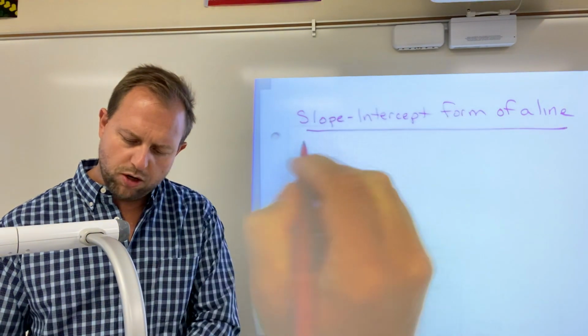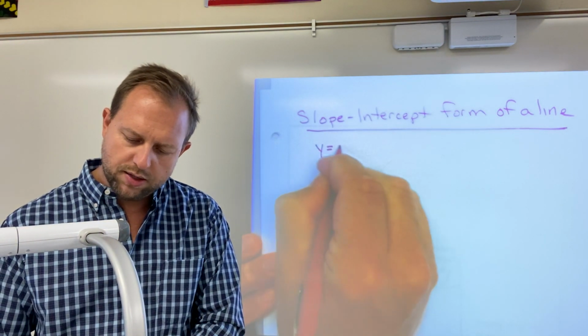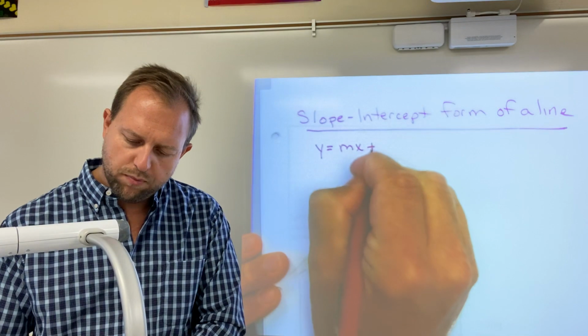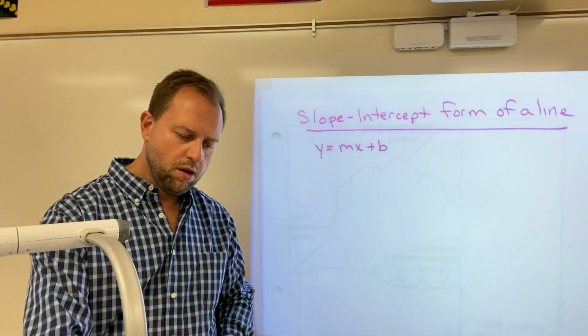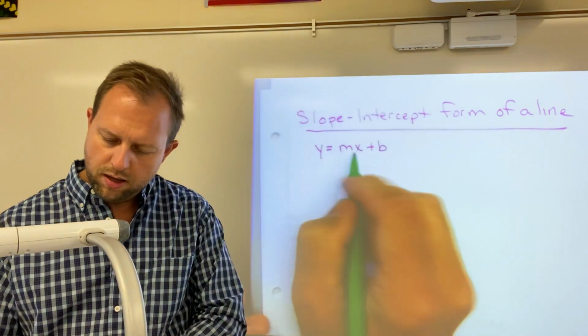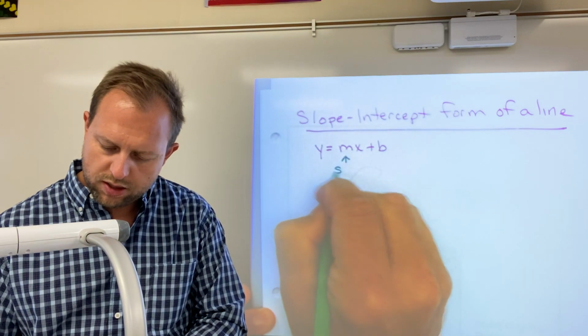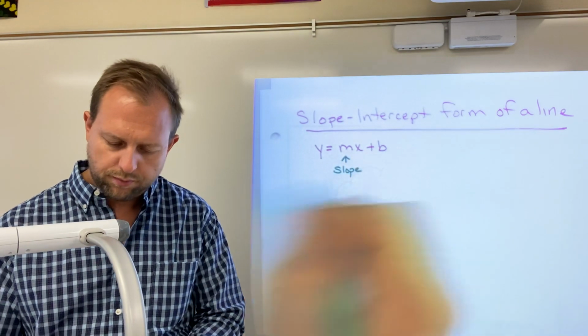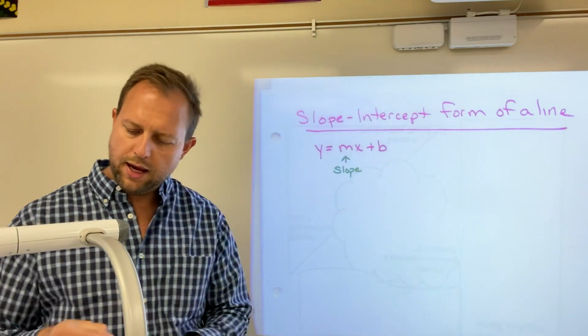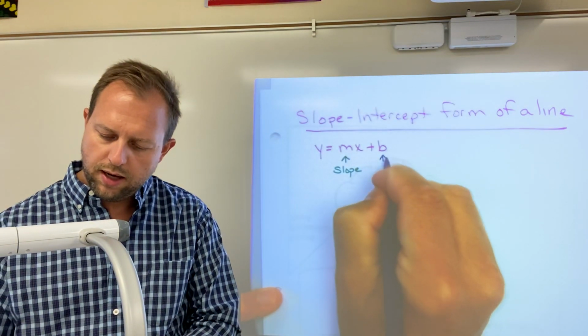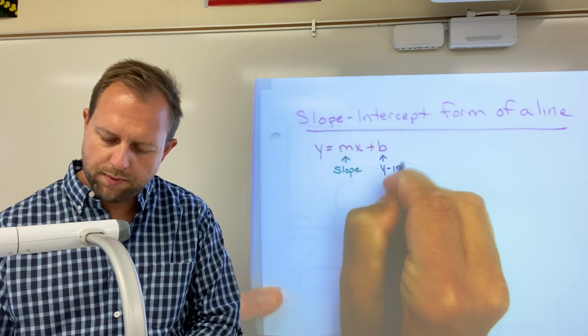It's the one we always go back to. Y equals mx plus b, where m is our slope and b is our y-intercept.